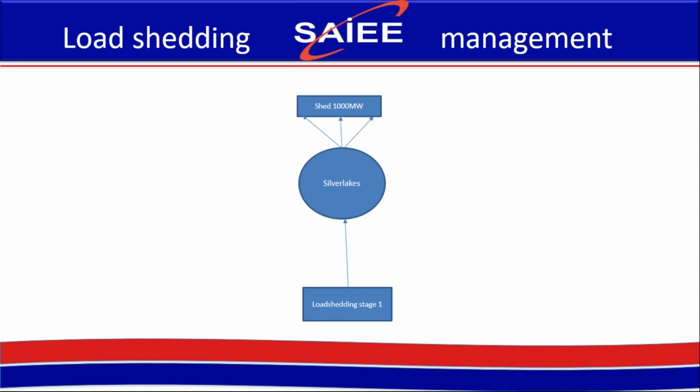With this transactive energy and blockchain, the people or the companies in Silver Lakes can decide that they don't want to be shed. But if they don't want to be shed, something must happen because 1,000 megawatts must leave the system. So through transactive energy and blockchain, they can actually buy power from other areas, and in so doing, they won't get shed.